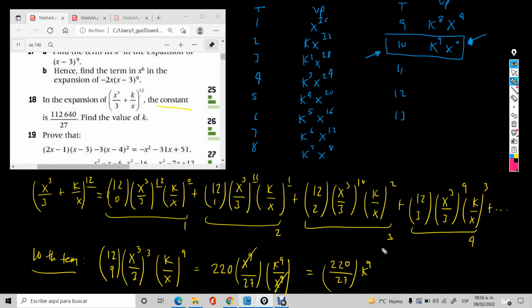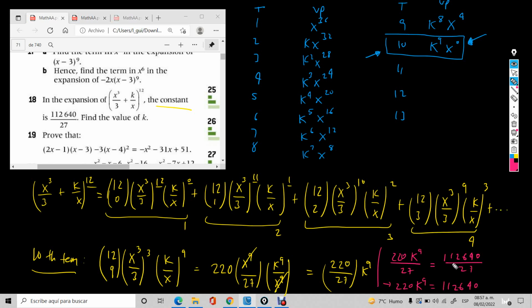So let me do that in red over here. So this term is equal to this fraction. Okay, we multiply both sides by 27. So we get this 112,640.